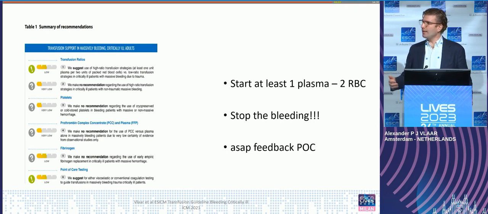A transfusion is never solving the underlying problem, especially not post-operative. So you really need to stop the bleeding. Of course, you do point of care testing to see whether there is some coagulation deficiency you can solve. If not, that's I think why point of care testing is also so important, to convince our surgeons that they really need to solve the problem.